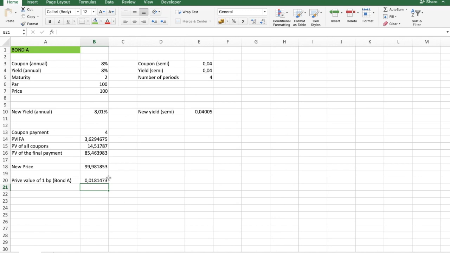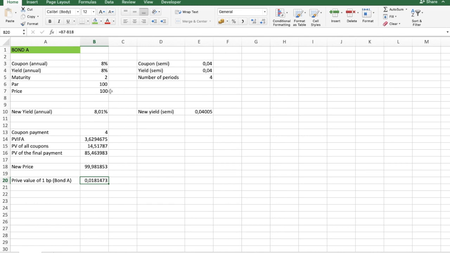This means that every time the yield to maturity moves by 1 basis point, the price will move in the opposite direction by 0.0181. For example, here the yield to maturity has increased from 8 to 8.01%.